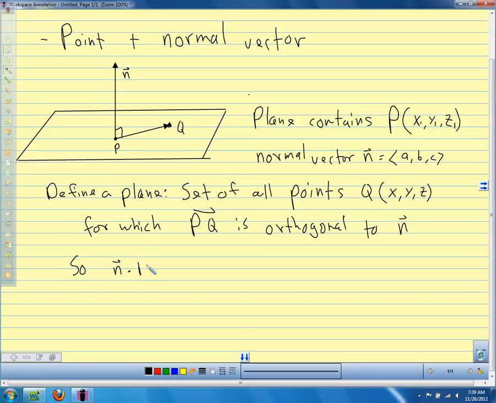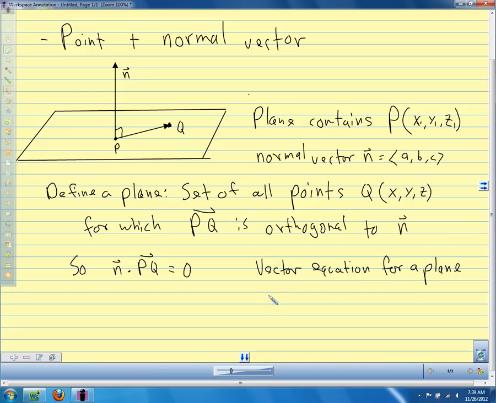So if PQ is orthogonal to n, we can say n dot PQ is what? Zero. So our dot product is 0, and this is our vector equation for a plane. n dot PQ equals 0 is our vector equation for a plane.